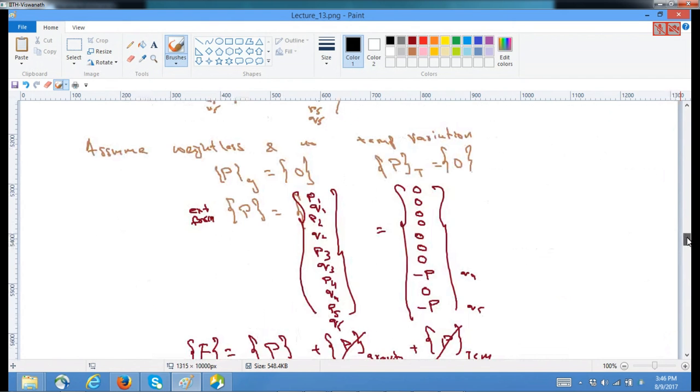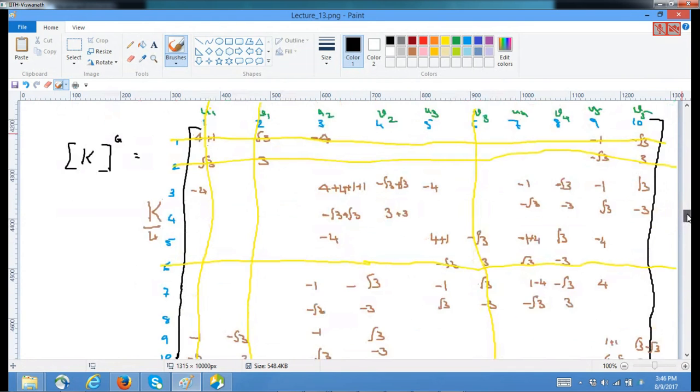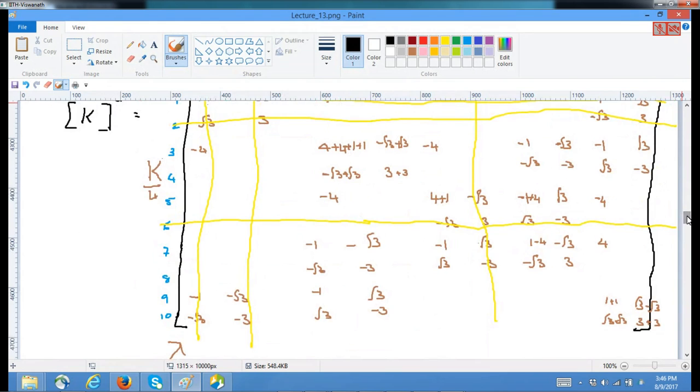So corresponding to u1 I have removed the row, corresponding to v1 I have removed it, corresponding to v3 I have removed the row. Similarly, I need to remove the columns. The entries that remain are the ones not crossed out, and if nothing is there, you have to take a 0 value. For example, here it is a 0 value, and all of these are 0 values.